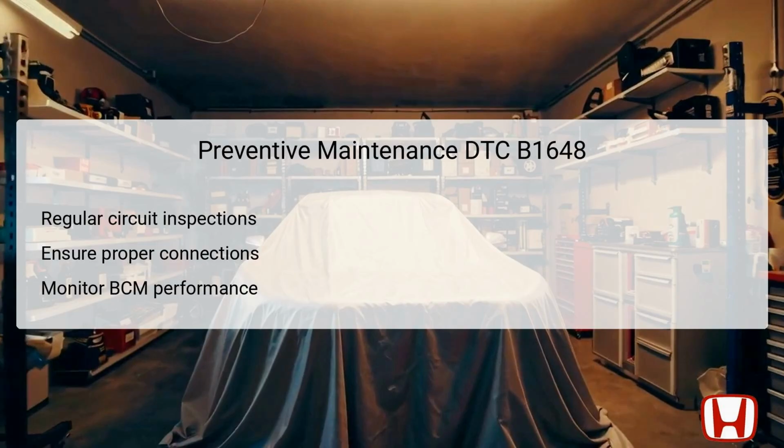Ensure that all electrical connections remain tight and secure, as loose connections can lead to disconnections or faults that trigger DTC storage. It's also wise to monitor BCM performance consistently where applicable, as routine checks can help identify any anomalies early on. These practices foster longevity and reliability within the vehicle's electrical systems.